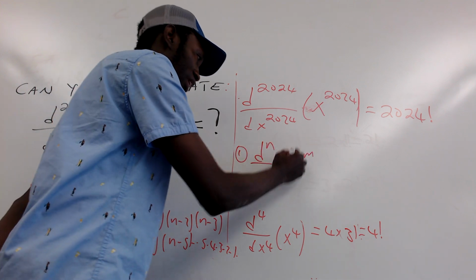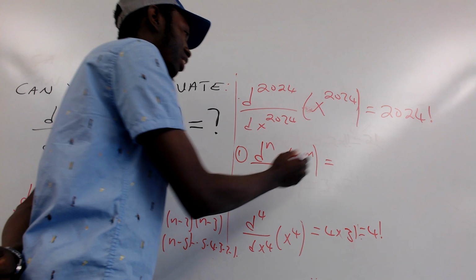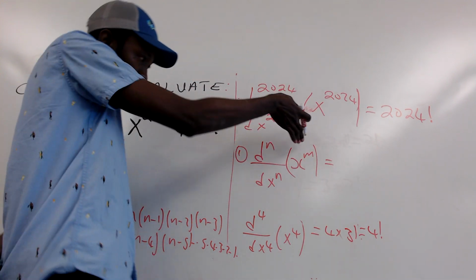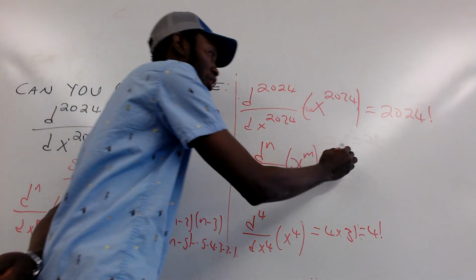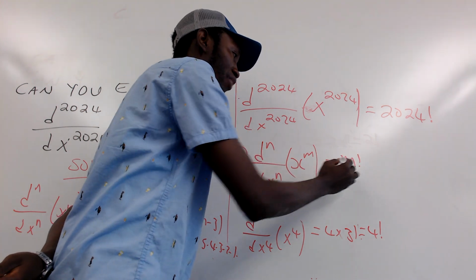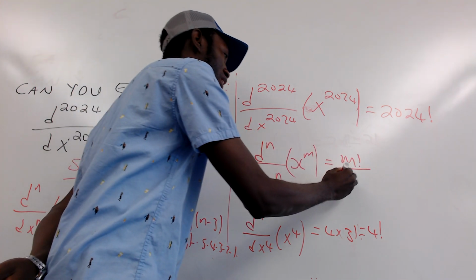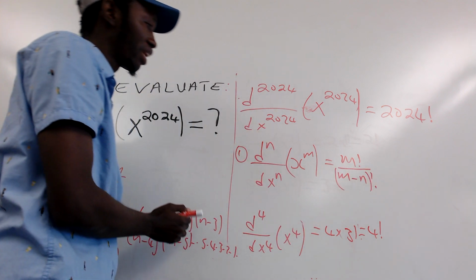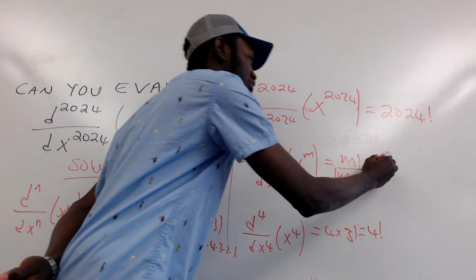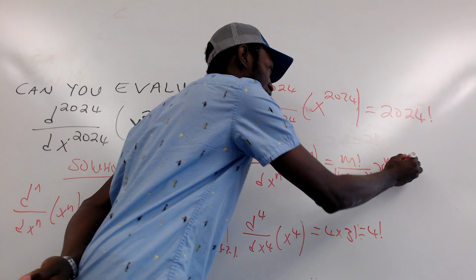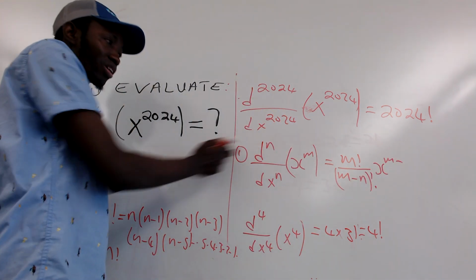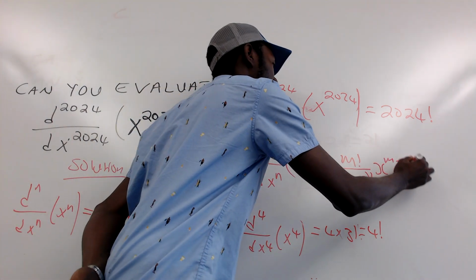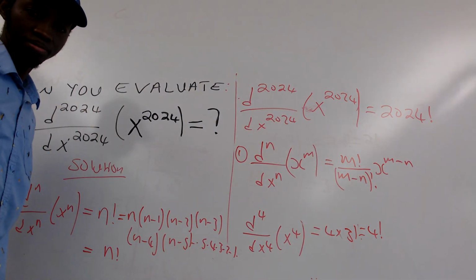So how we simplify this is: take m factorial divided by (m minus n) factorial, and we multiply it by x to the power m, reduced by the degree of the derivative, which is n. This is how we evaluate this.